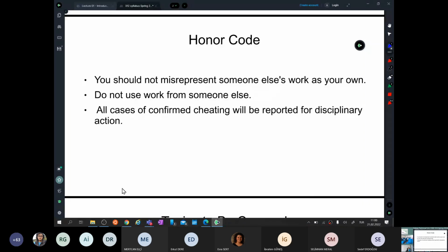I don't expect anybody doing that kind of stuff, but I have to put this one. As a rule of thumb, especially when it comes to coding, if two people have similar lines of code, even a single line of code, that might happen out of chance. Everybody can have statements like this.